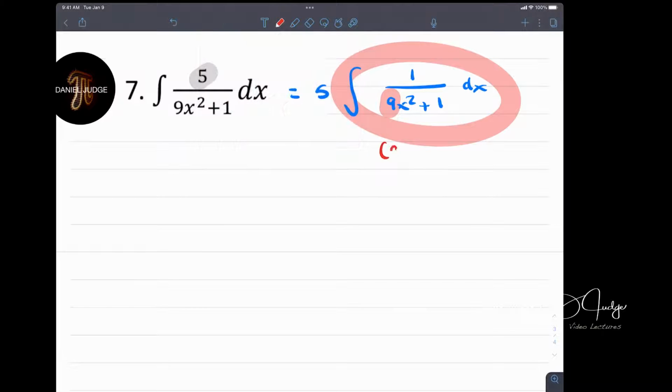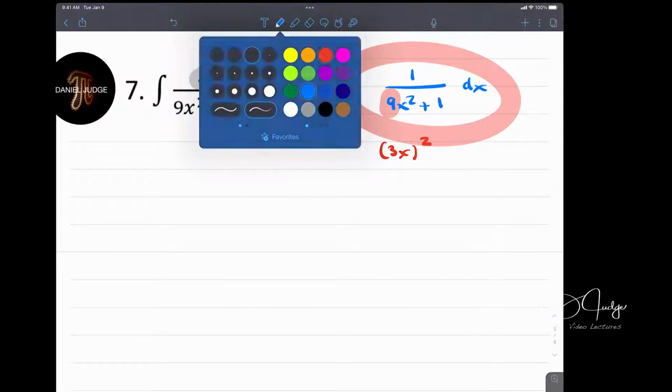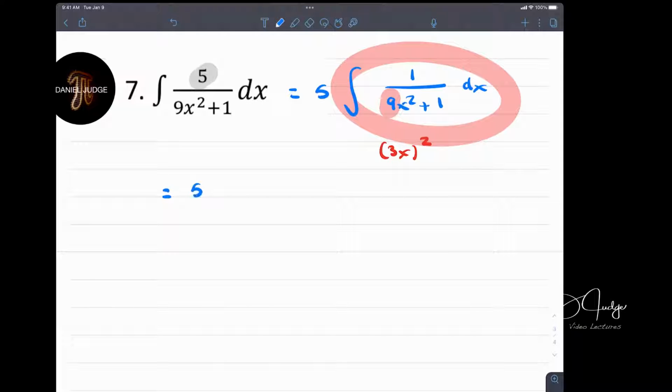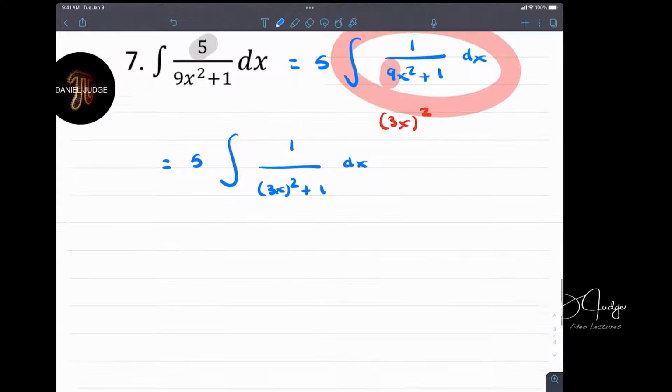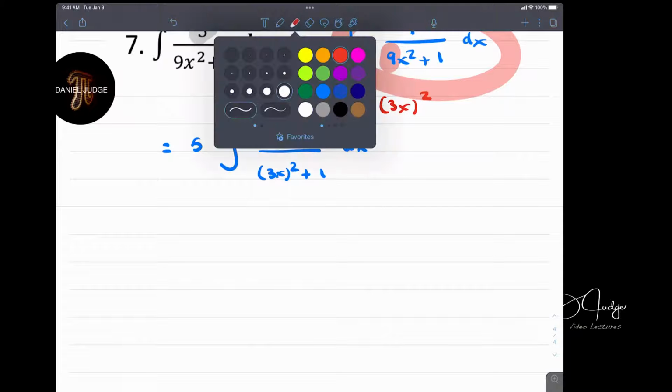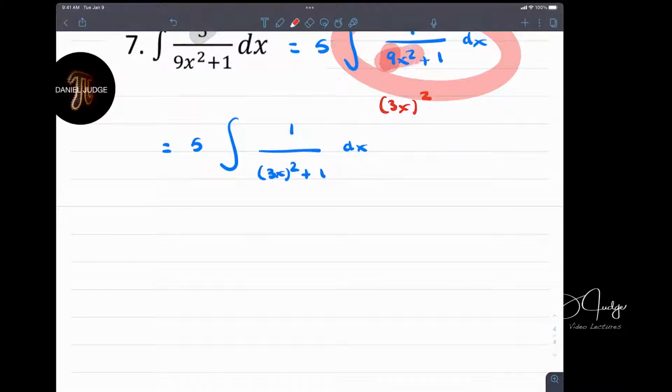So this portion here is 3x in parentheses squared. So this particular integral now is 1 over 3x squared plus 1 dx. I want you guys to observe that the 9x squared is really 3x in parentheses squared.